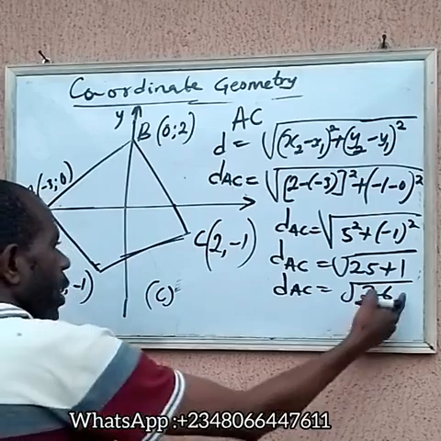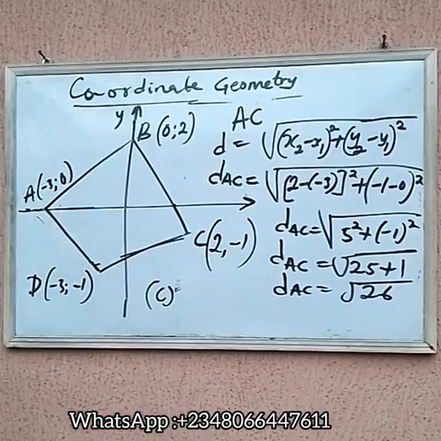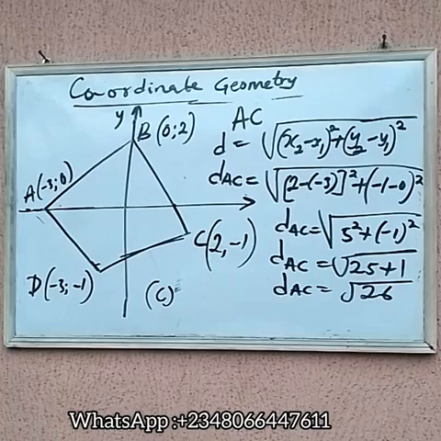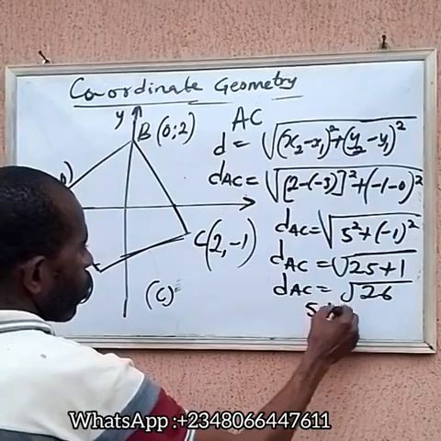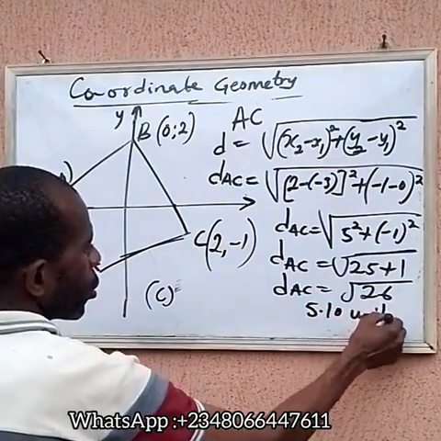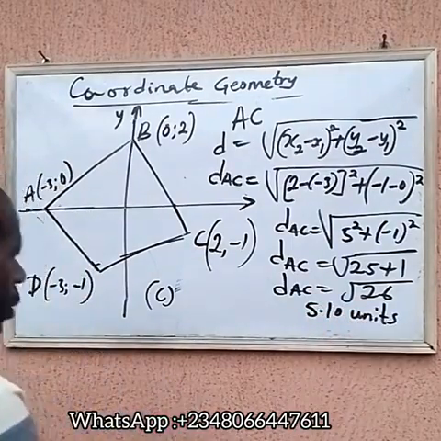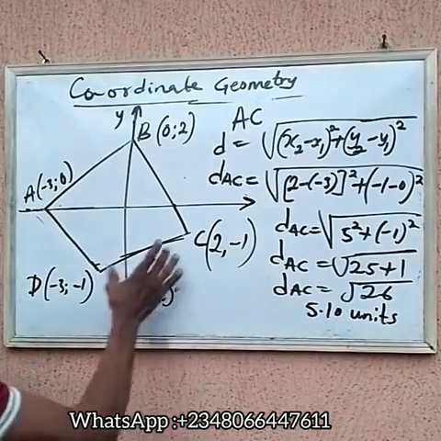So if you wish, you leave the answer like this, or simply find the root. Getting the root, I think root of 26 is 5.10. Then it gives us 5.10 units. That is for the distance AC.